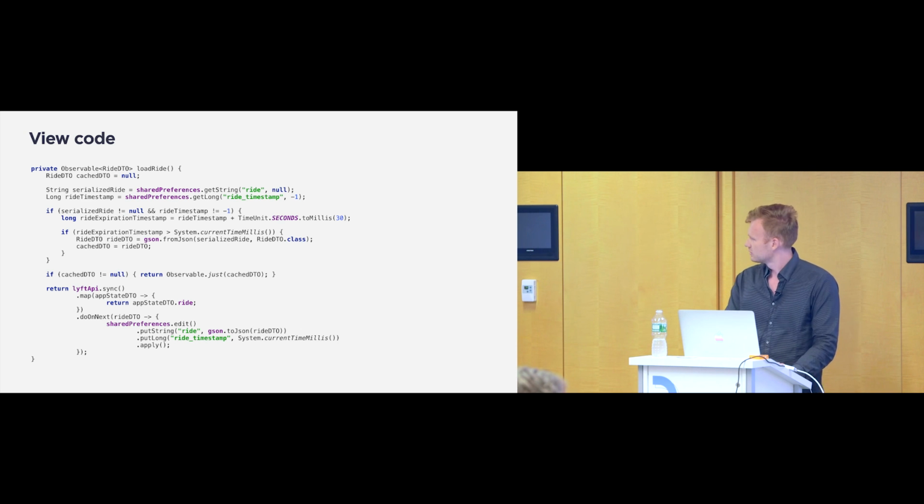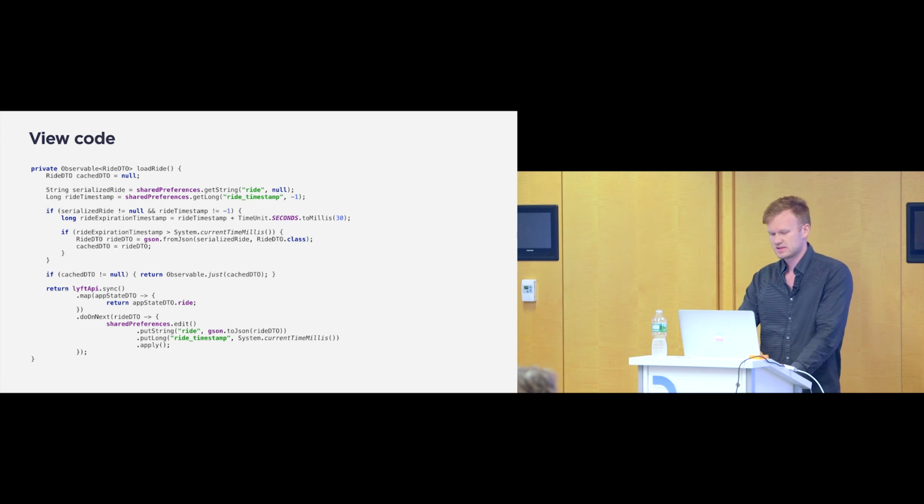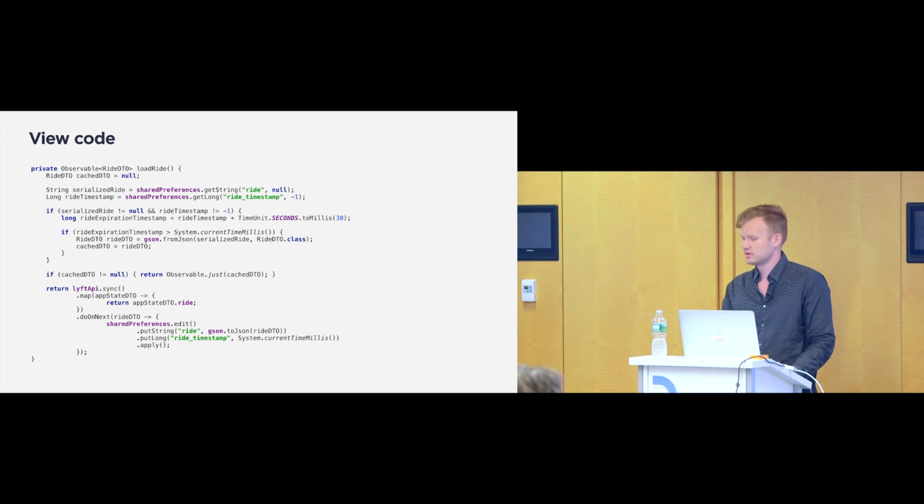The code will look something like this. First we check if shared preferences has cached data. If it doesn't, we make a call to the Lyft API and put it right into the cache.